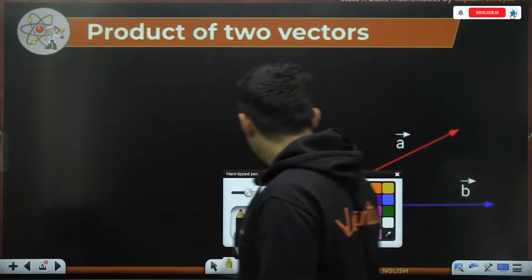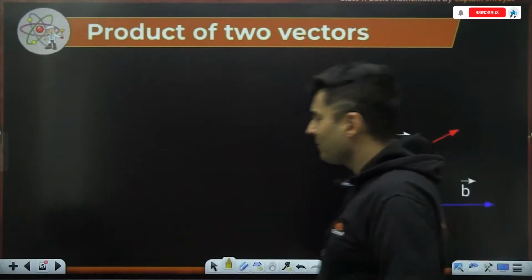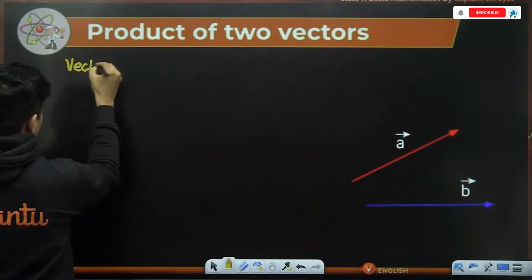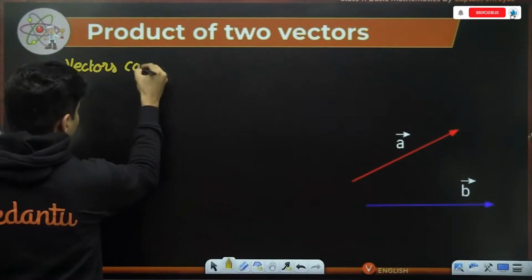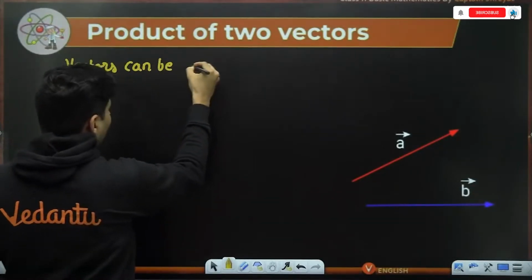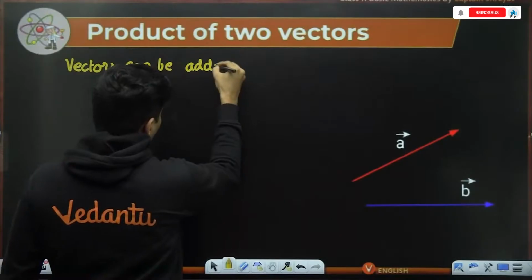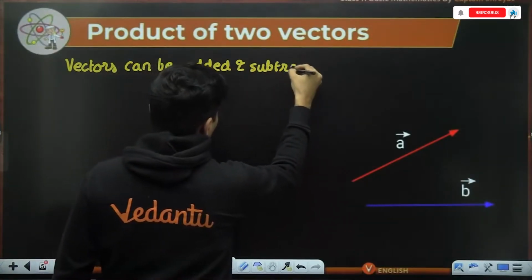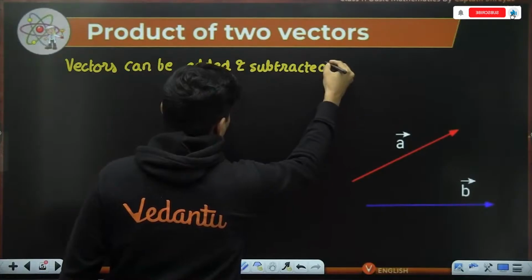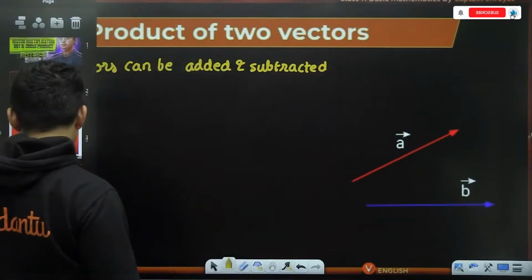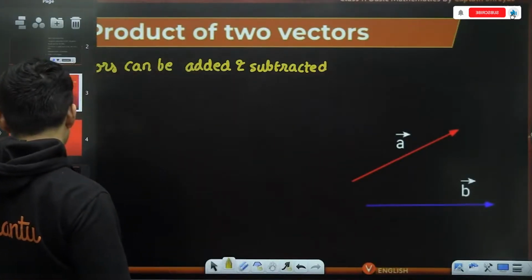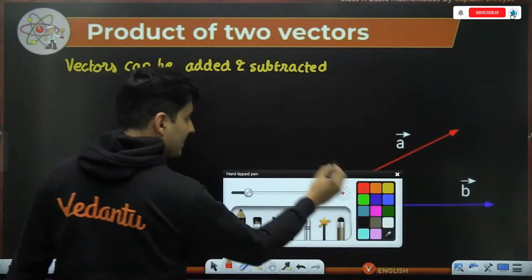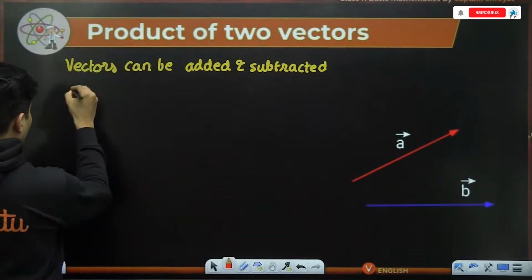Now we have already seen that vectors can be added and subtracted, but division of vectors is something which you should never do.